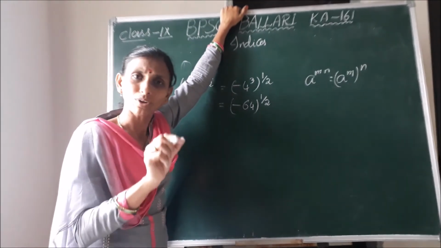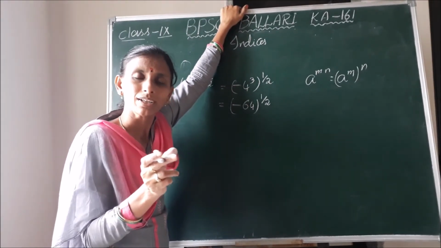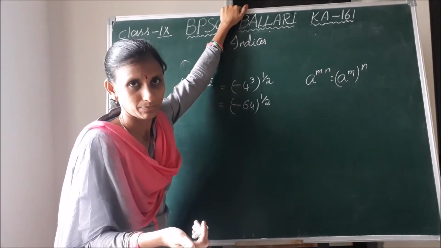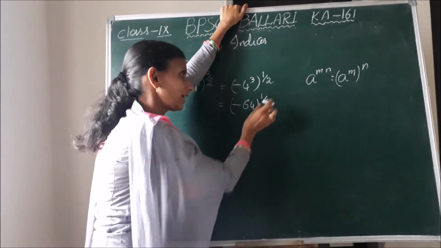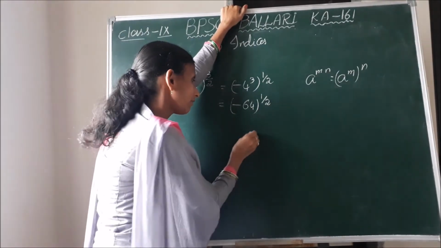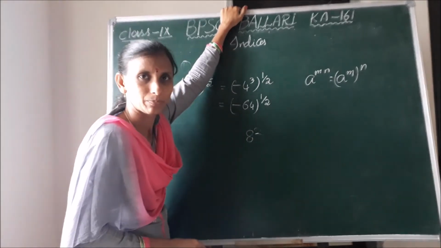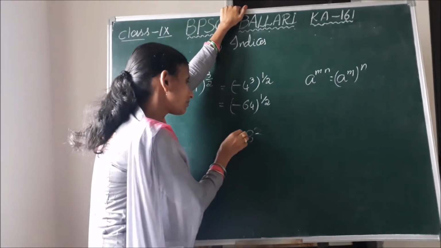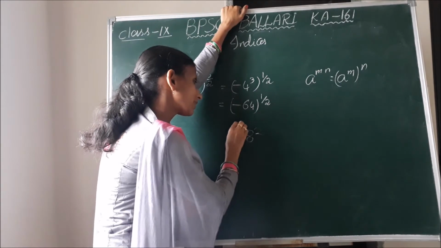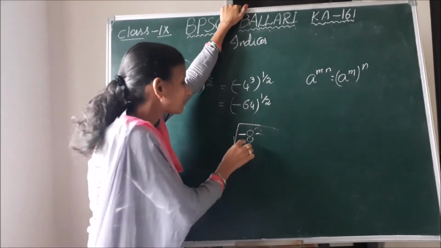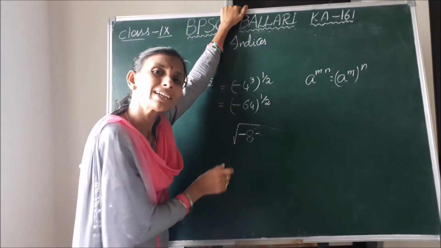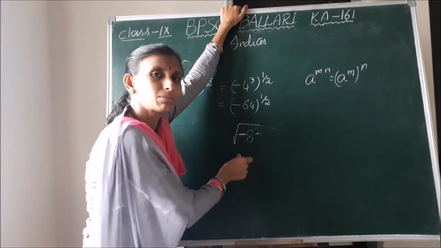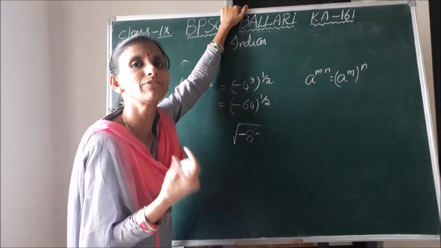Now 64 in terms of a square is 8 square, but here we have a minus. We cannot find the square root of a negative number; it is not defined at all.